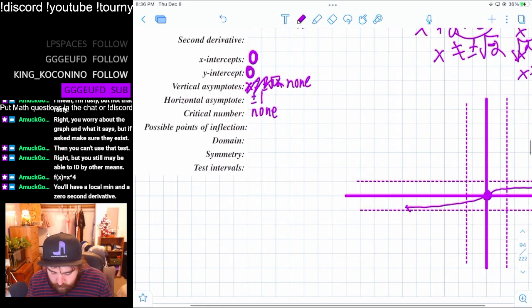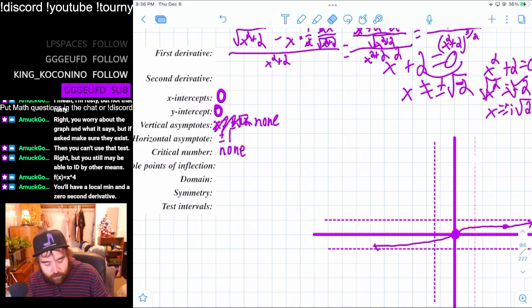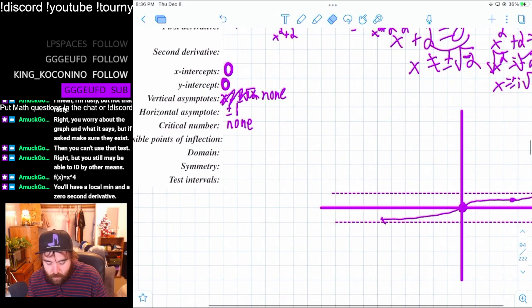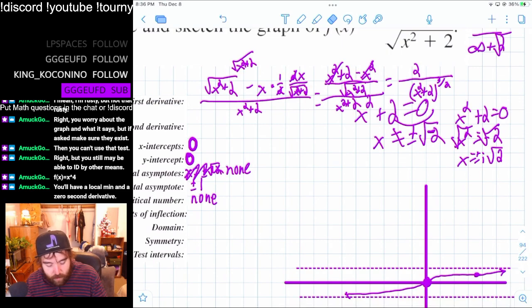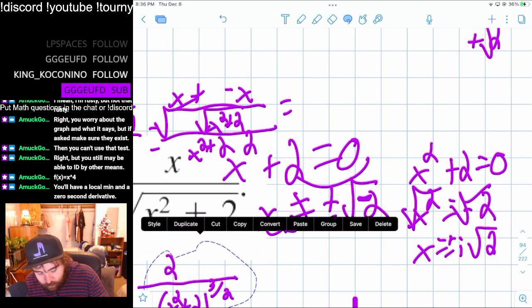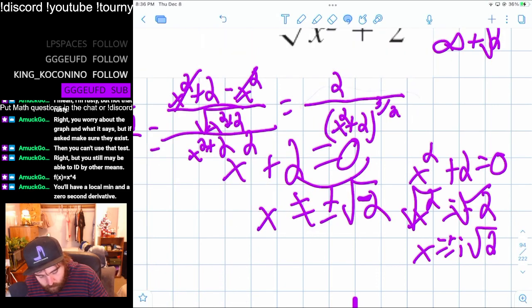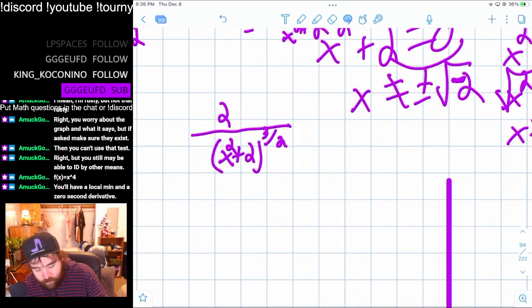So it's going to have no critical numbers. We found that, and that makes sense now that we see there are no vertical asymptotes, that we messed that up. So now possible points of inflection, we're going to have to take the second derivative. So if I take the derivative of this, let's bring it down here and change to working in blue at least.